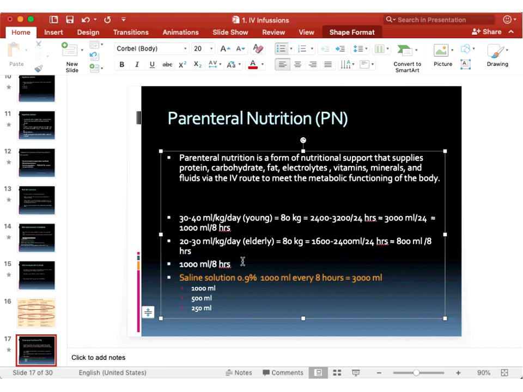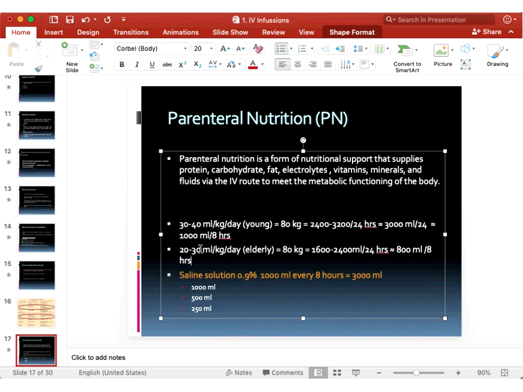Or you can round it to 1,000, or 800 milliliters every 8 hours. Or you can round this up right here. Instead of 2,400, you say he's going to receive 2,000 milliliters in 24 hours. That means he's going to receive 1,000 milliliters every 12 hours. Is that correct?